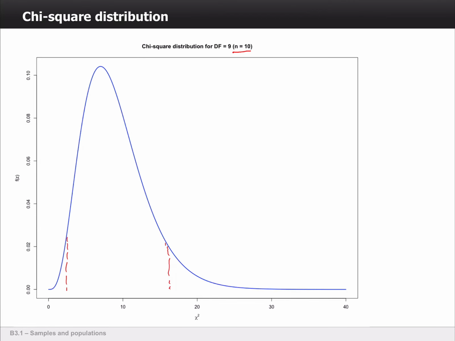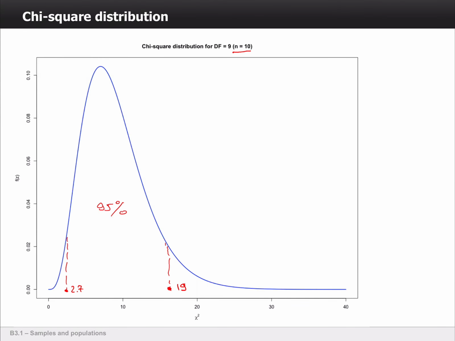This will be 2.7, and this will be around 19. So it means that if you take 10 random values from a normally distributed population with standard deviation 1 and average 0, then the sum of squares of these values will be, 95% of the time, somewhere in between.